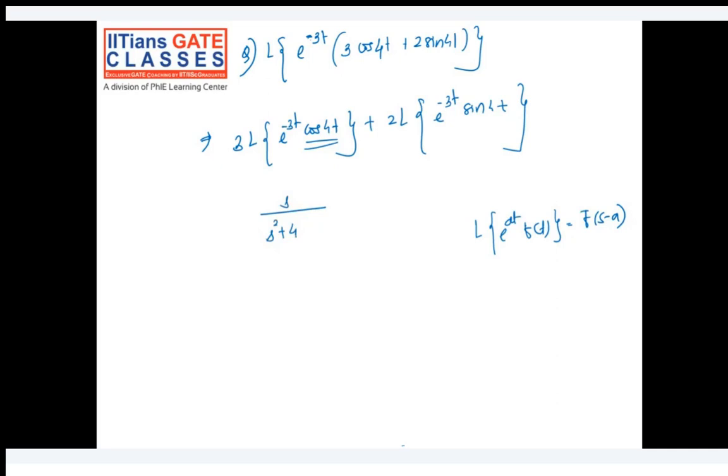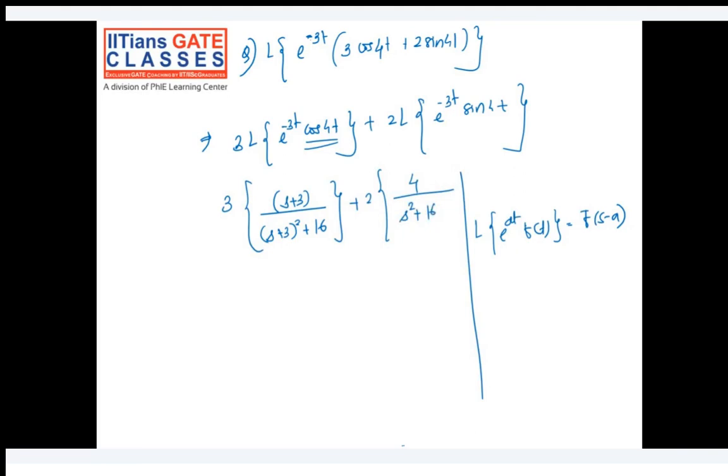And now, according to the shifting property, I should be replacing s with s plus 3. So this will become s plus 3 whole square plus 16. And this 3 is already in multiplication, which I'll write as it is, plus 2 times Laplace transform of sine of 4t, that is 4 divided by s square plus 16.